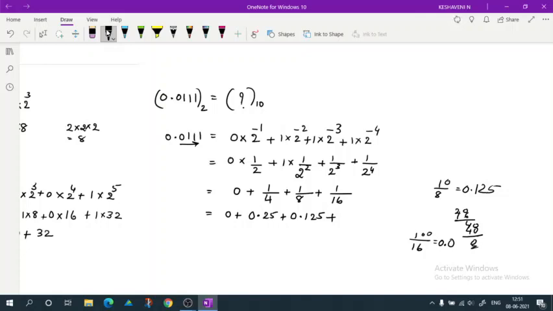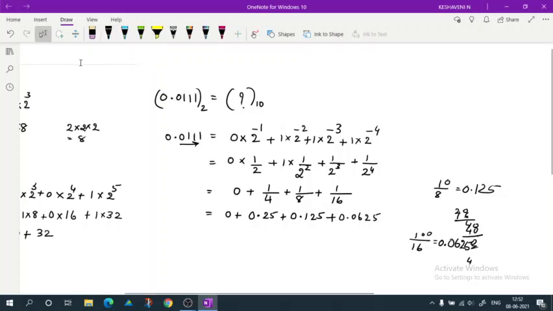Next 16 6s are 96, 4 remaining, 16 2s are 32, 8 remaining, 16 5s are 80. Therefore this is 0.0625.